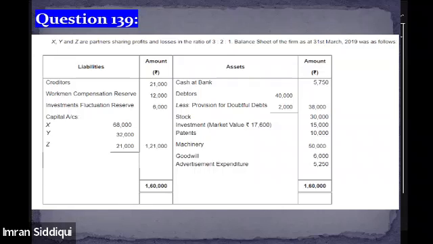The goodwill appearing in the book has been debited to the partners' capital account. And then there was one more goodwill, the self-valued goodwill. We need to record that as well in the partners' capital account.